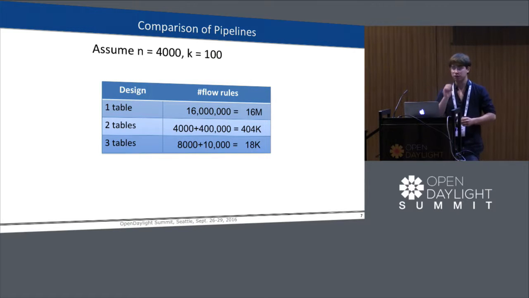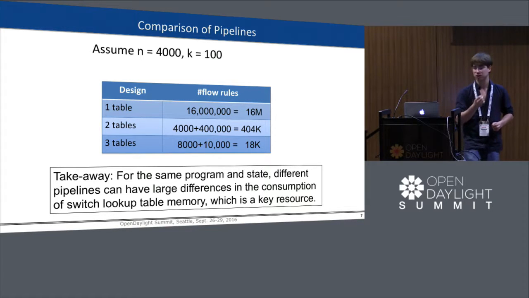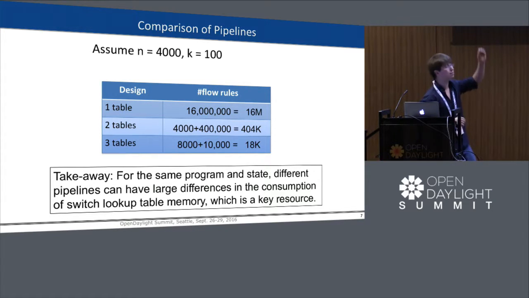That is, good pipelining, good table layout, can result in a difference of over 10 to the 3 orders of magnitude on a 6-line program when implemented on a commercial stock router. So, the takeaway: for the same program and state, different pipelines can have large differences in the consumption of switch lookup memory, which is the key resource in packet switching.